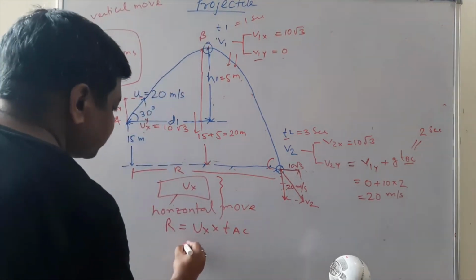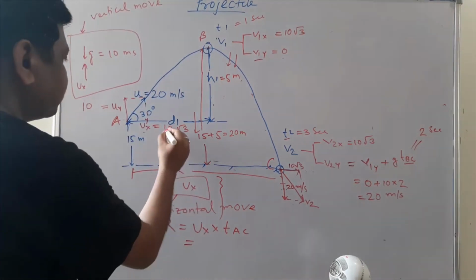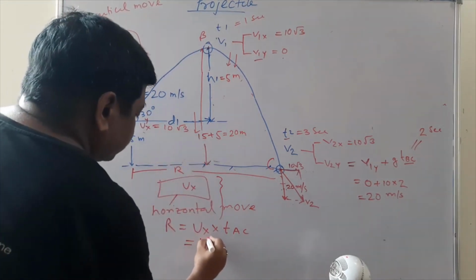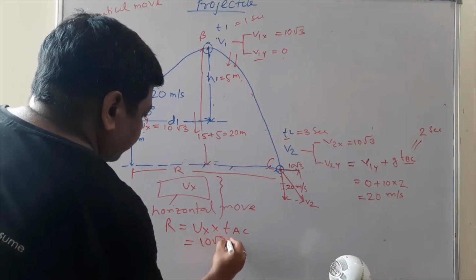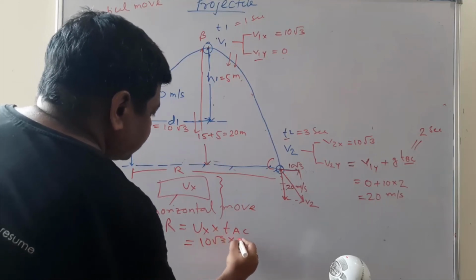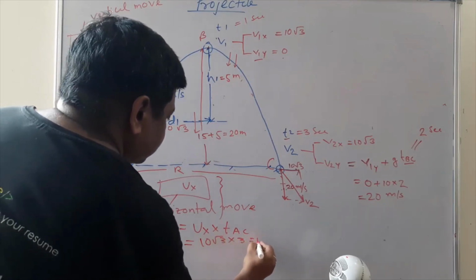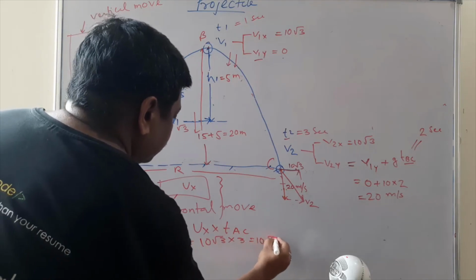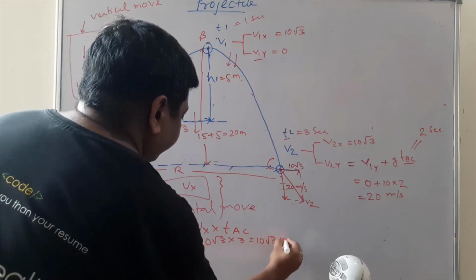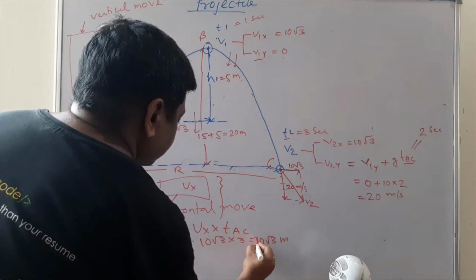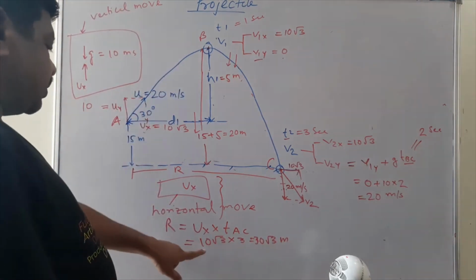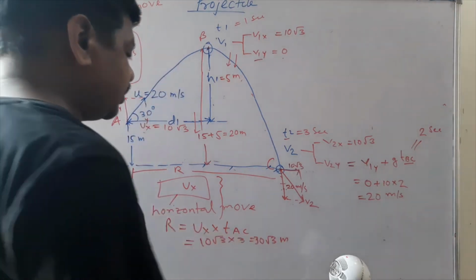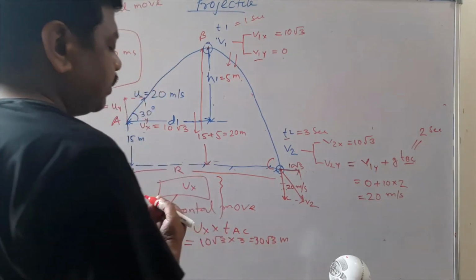So you know ux is 10 root 3 and this is 3. So this is 30 root 3 meters.